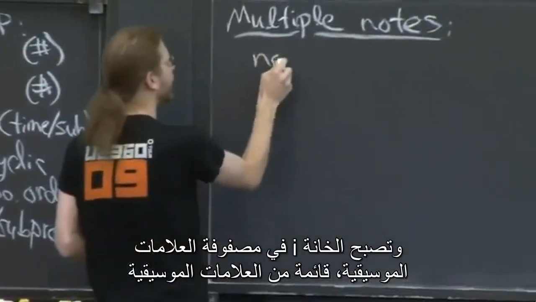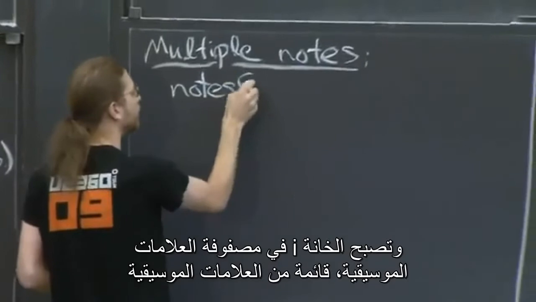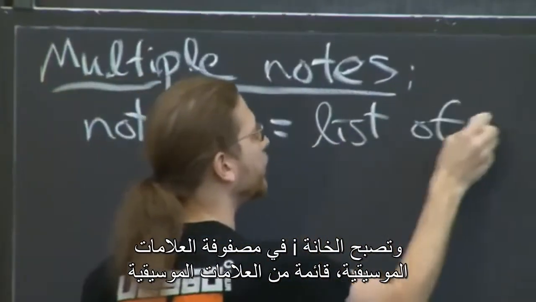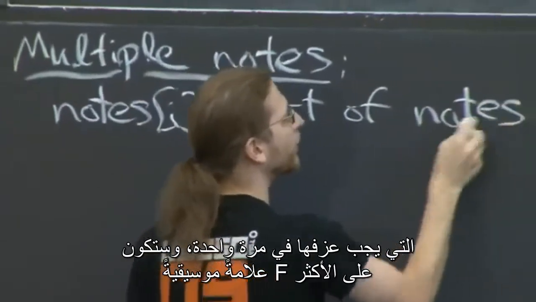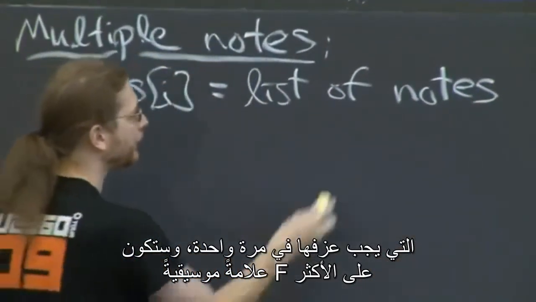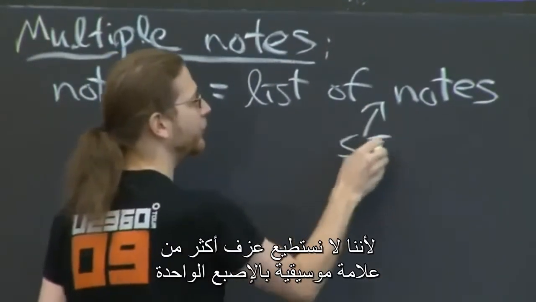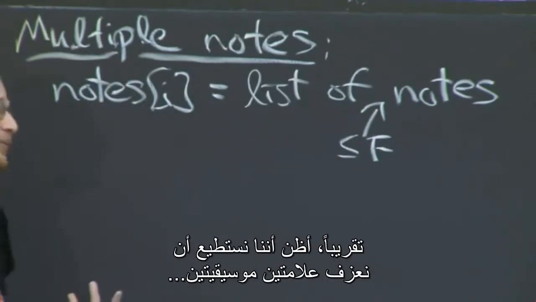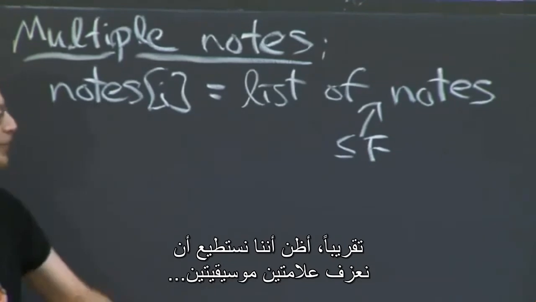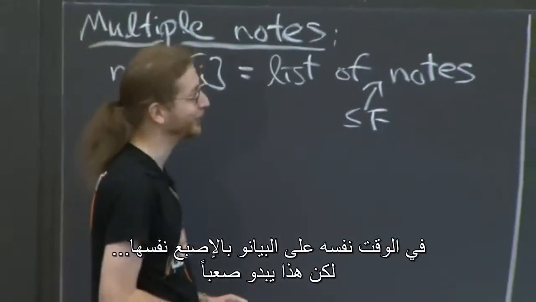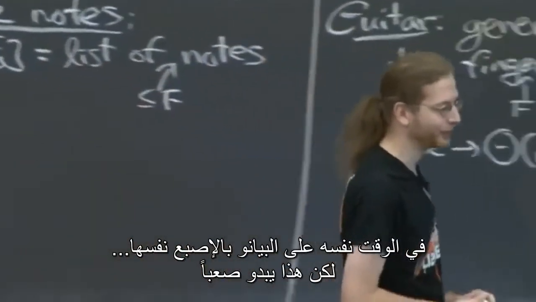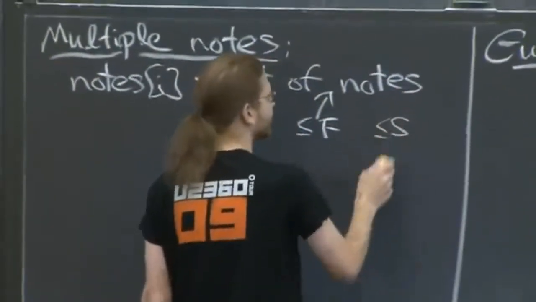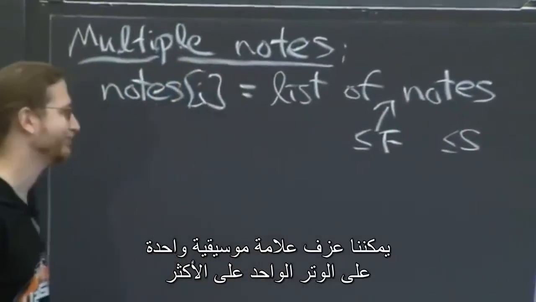So notes of i is now going to be, let's say, a list of notes that all need to be played at once. And conveniently, it's probably going to be at most F notes, because you really can only play one note with each finger, pretty much. I guess you could try to play 2 notes at once on a piano with a finger, but it sounds difficult. For a guitar, it's at most S notes. You can only play 1 note per string, more or less.